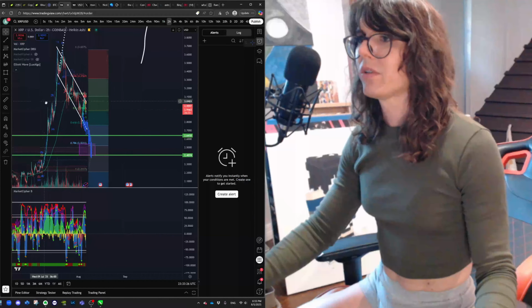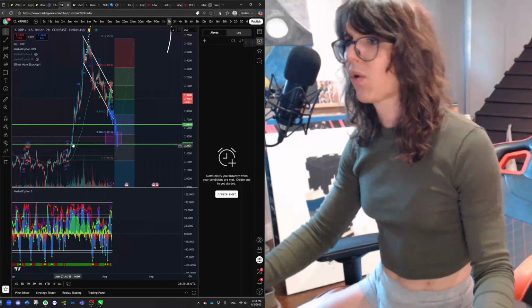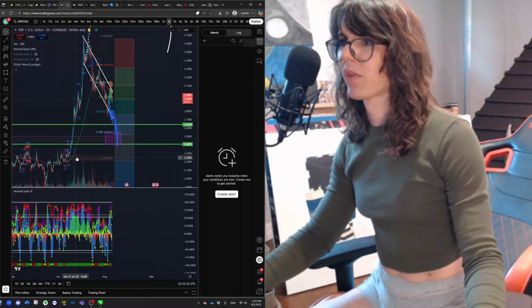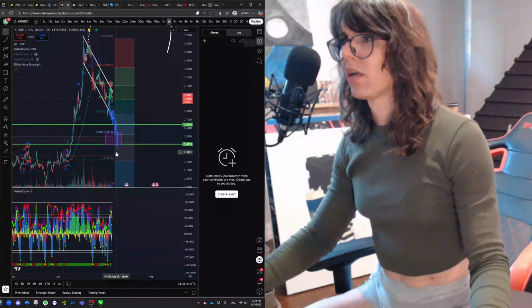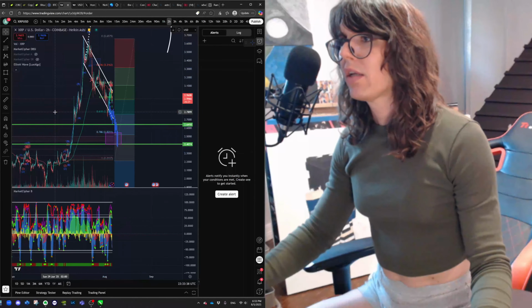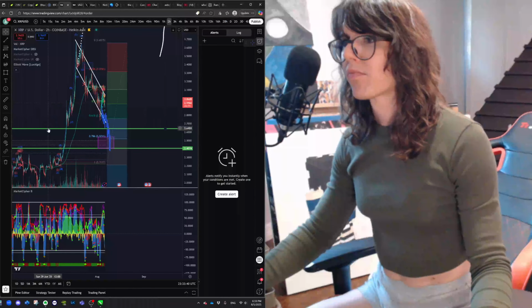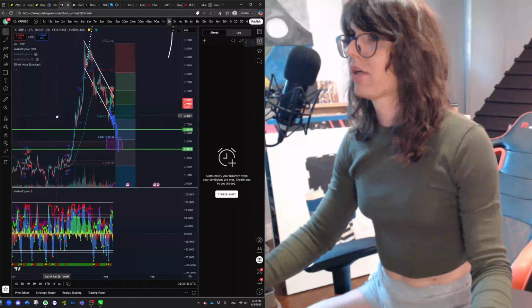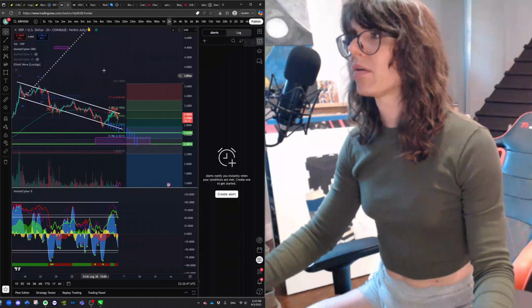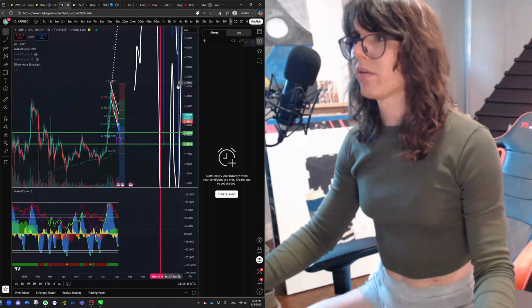Well, I did a fib retracement from this whole rally right here where these red lines are. And I thought, well, it's possible that we come down.